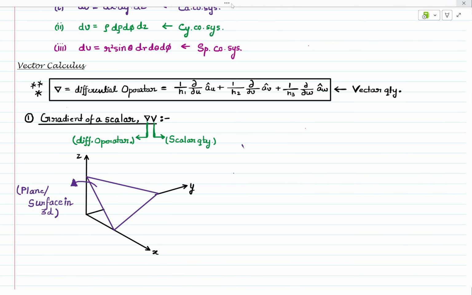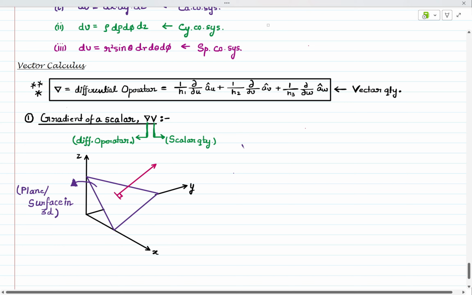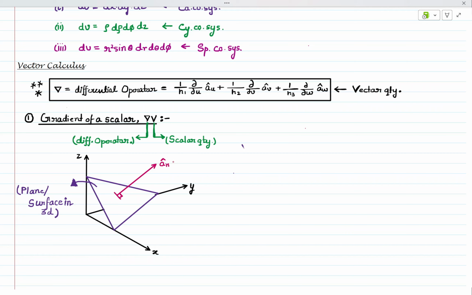This is nothing but a normal vector on this plane, and this is the unit normal vector on this plane in the three-dimensional vector space.